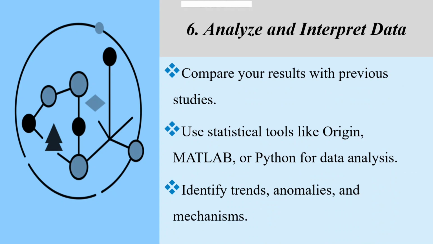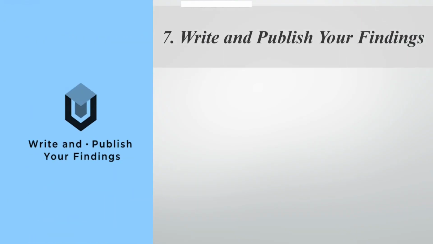The most important aspect which I really want to emphasize over here is that when we are analyzing and interpreting the data, don't forget to address the third most important aspect, that is identifying trends, anomalies, and the mechanism. As long as you can properly identify the trends and anomalies, that would be the success, and that is what research is all about, right?